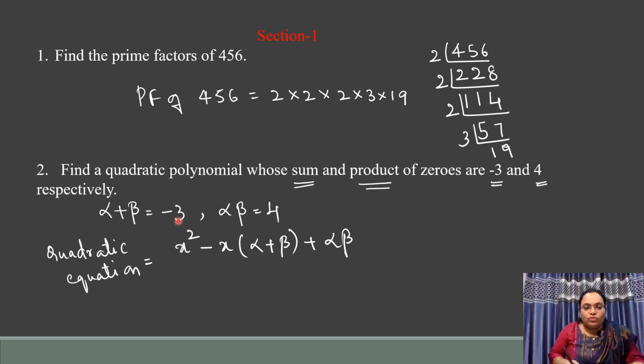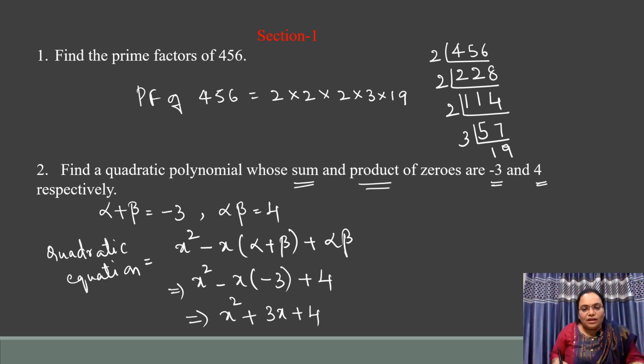We know the values of alpha plus beta and alpha beta, so put them in this. x squared minus x of (-3) plus 4, which is x squared plus 3x plus 4. Okay, this is your quadratic polynomial.